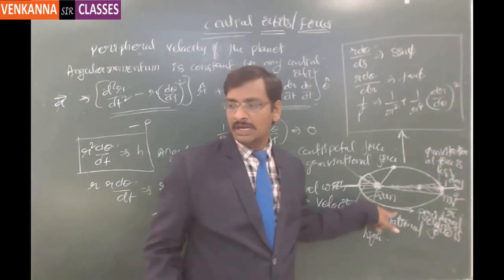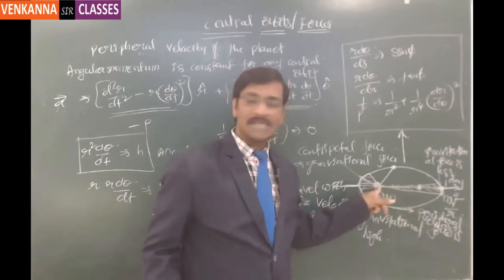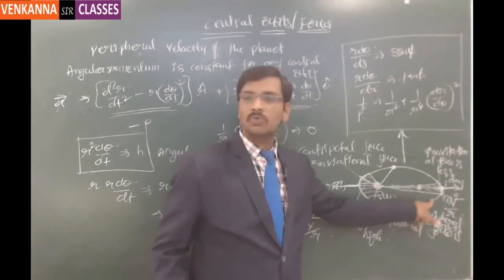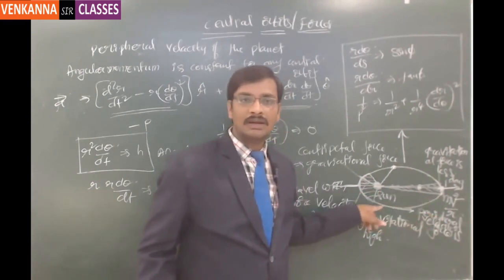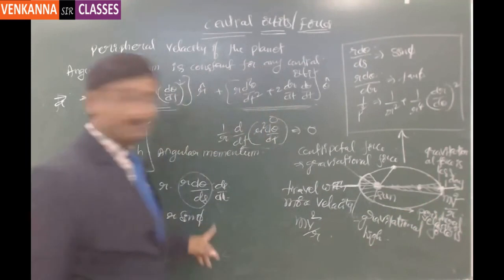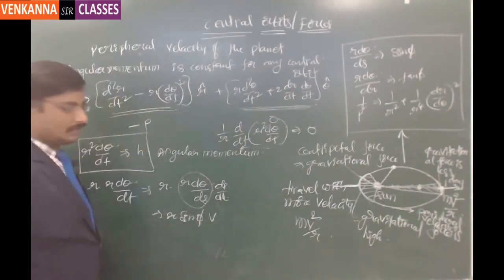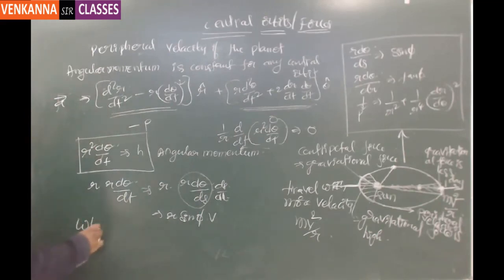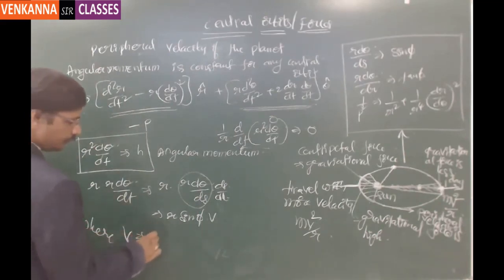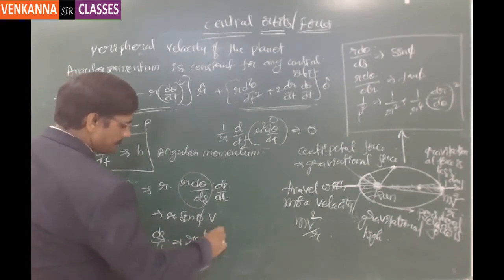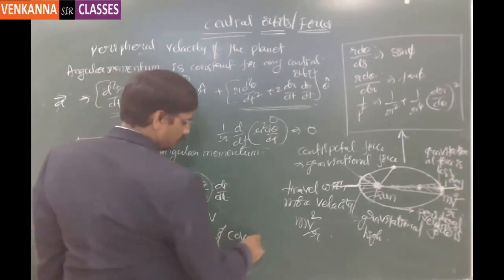Here ds is the arc length, keeping the sun as the pole, as the planet moves in this particular format, the rate of coverage of arc length is nothing but the peripheral velocity. So this I can replace with v, where v equals ds by dt, the rate of coverage of arc length of the path.